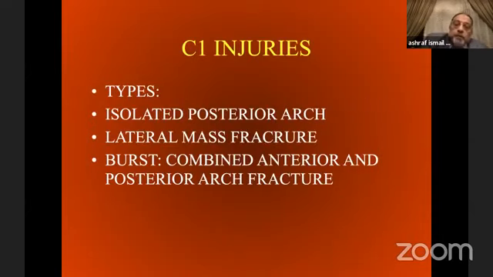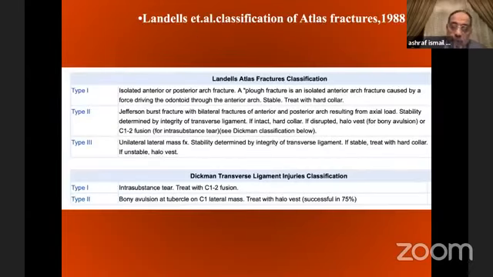We have this classification: either an isolated arch fracture, or the burst fracture with anterior and posterior arch fractures, or the lateral mass fracture. Here, the structure that determines the stability of the fracture is the transverse ligament.